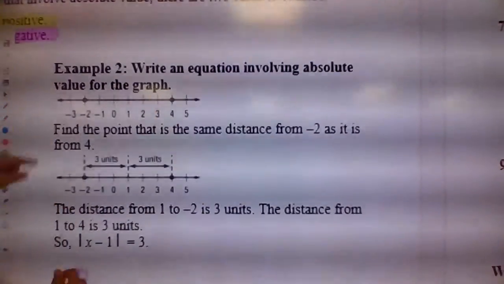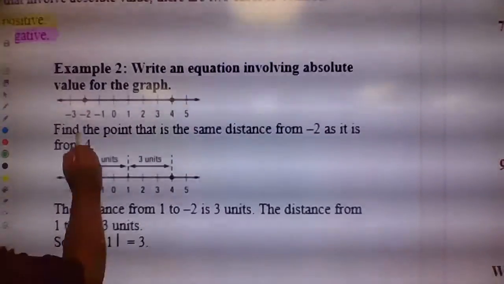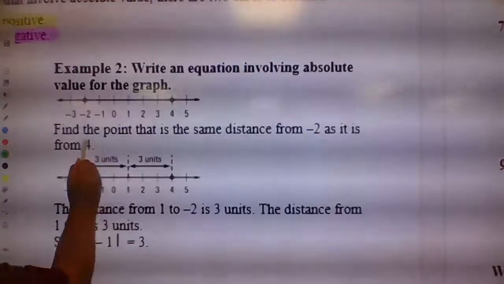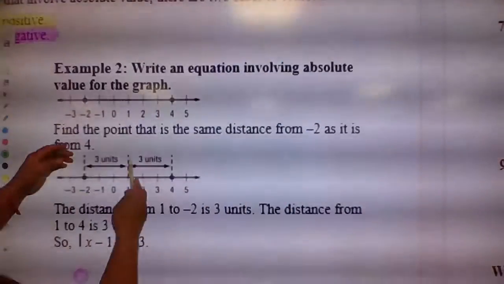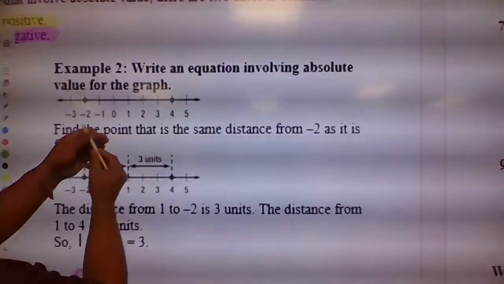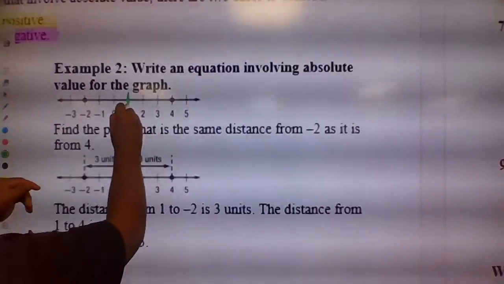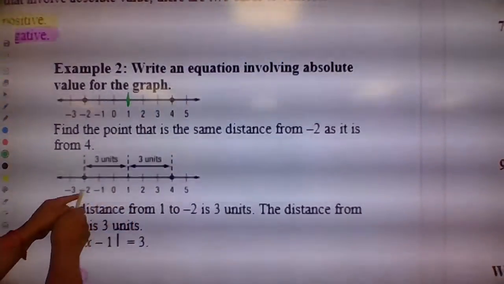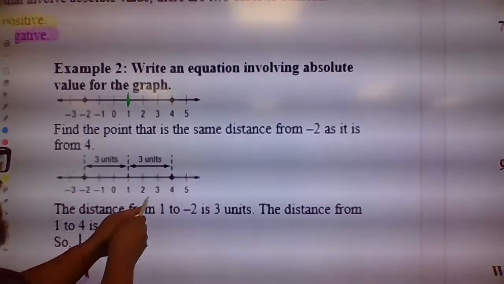So find the point that is the same distance. If you find the halfway point of these, it's going to be right here. Here's the halfway point, and it's showing you here. See how this is 3 units and this is 3 units?